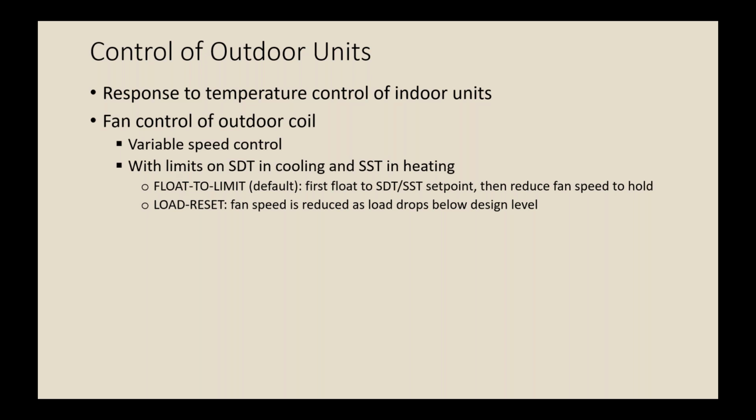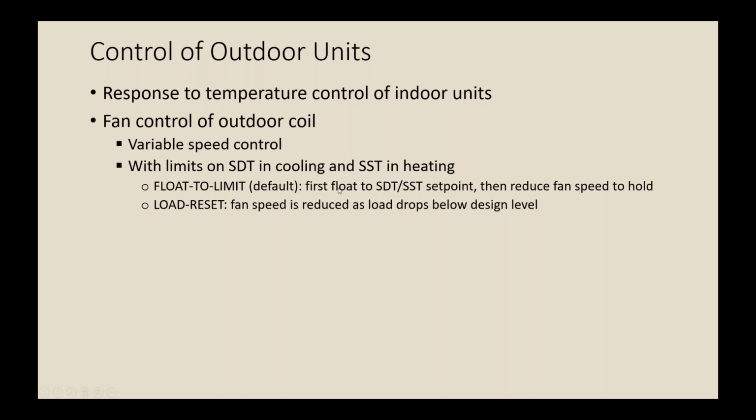And there are two different control scenarios that can be applied. As far as I can tell from what I've learned about these systems, float to limit is the most common, or that's the only thing I've really seen. So that's the default in the program.